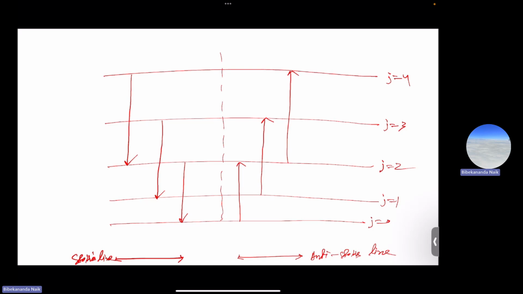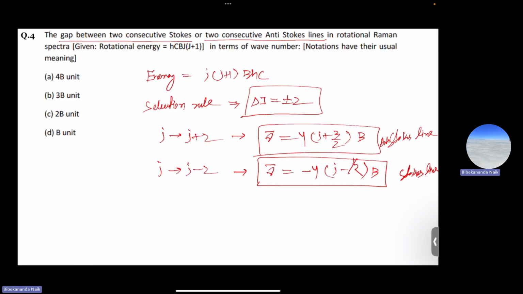And if you talk about the values, when the transition occurs from J to J plus 2, it will be 4 into J plus 3 by 2 B. So when J equals 0, 4 into 3 by 2 B, that is 6B.